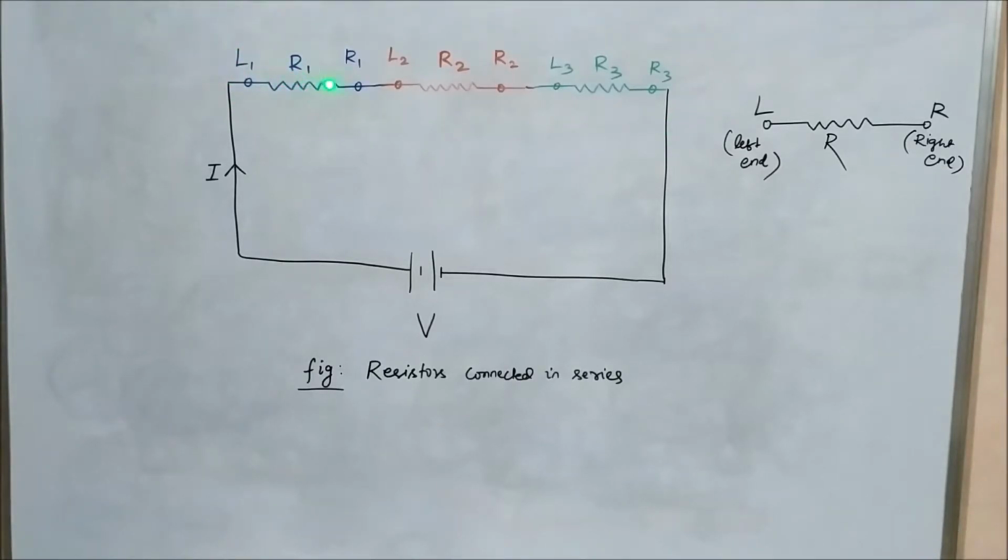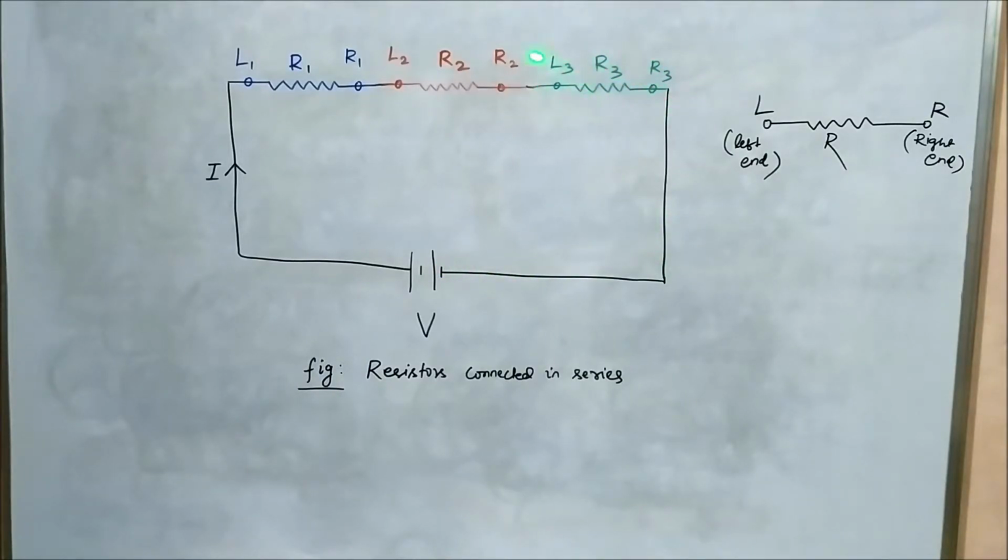You can see here the left end of the resistor R1 is connected to the positive terminal of the battery. The right end of R1 is connected to the left end of R2. Similarly, the right end of R2 is connected to the left end of R3, and the right end of R3 is connected to the negative terminal.